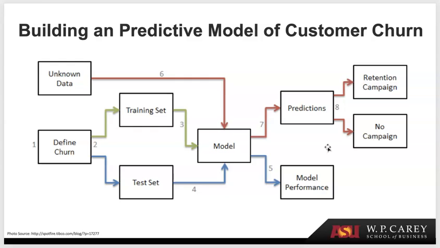So here the context was customer churn prediction, but this set of steps is very generic and universally applicable. You can certainly apply this process to a very different predictive model, say whether a patient has cancer or not, right?